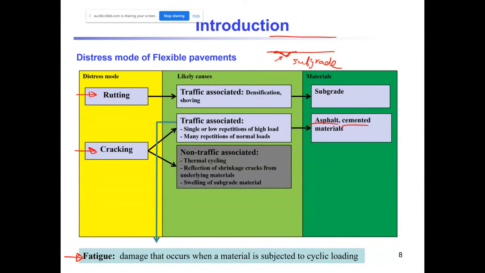We can also have cracking when we have a change in, for example, temperature, or when we have a change in the value of the moisture content. So thermal cycling can cause some shrinkage cracks inside the structure of the pavement. Also, moisture changes can become problematic.